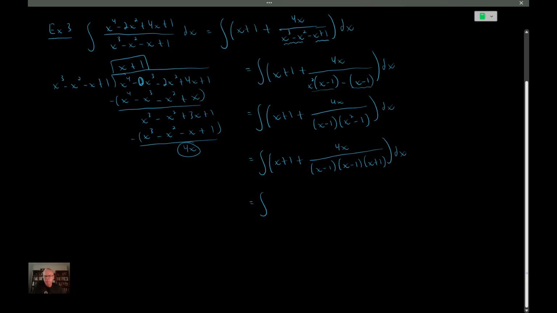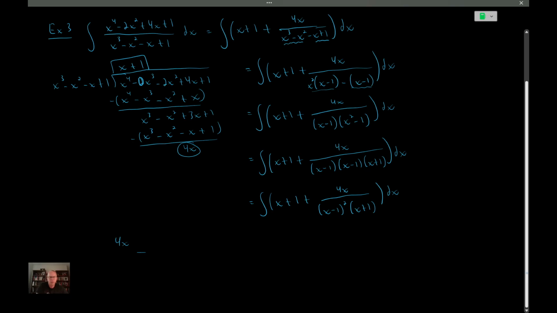Let's rewrite it. We'll combine the x minus 1s. So x minus 1 squared, x plus 1, over 4x dx. Okay, so now let's set up our partial fractions here.